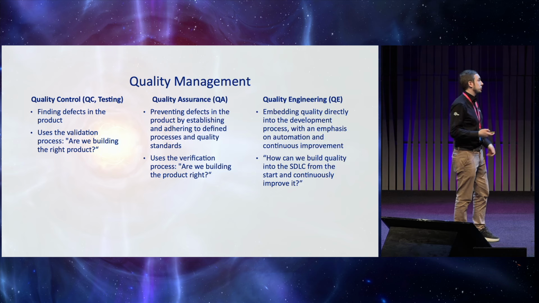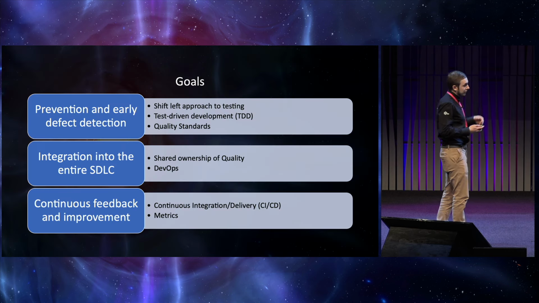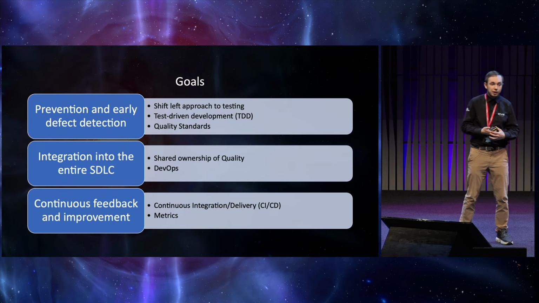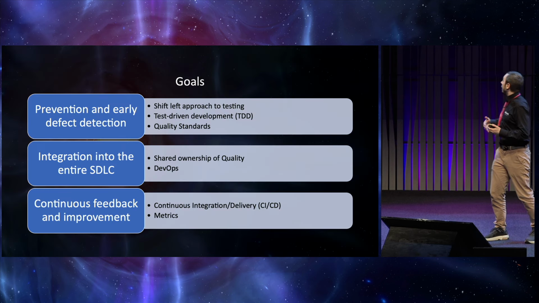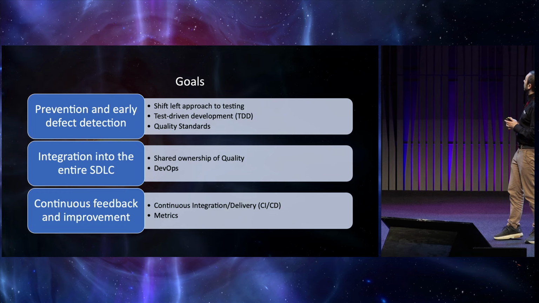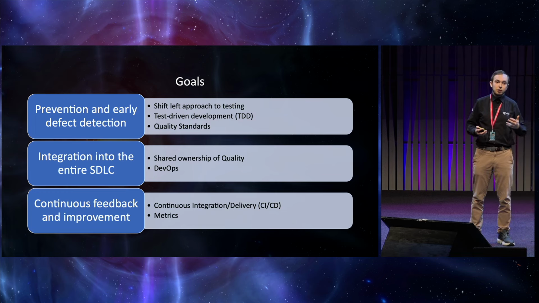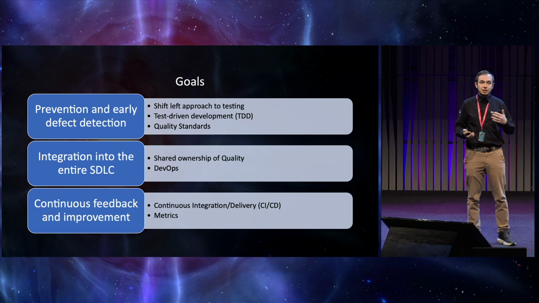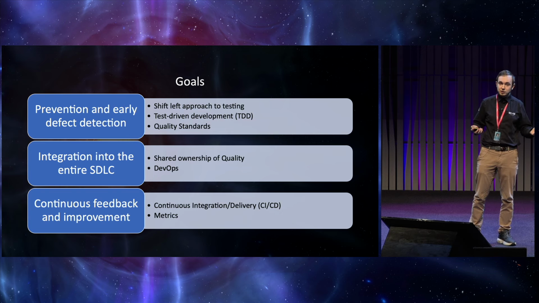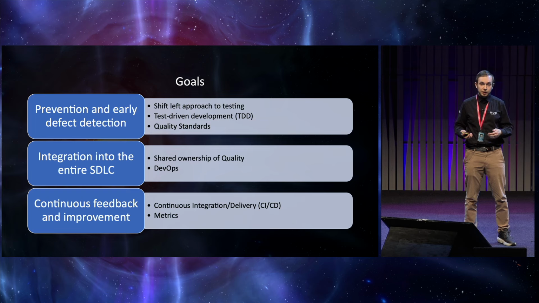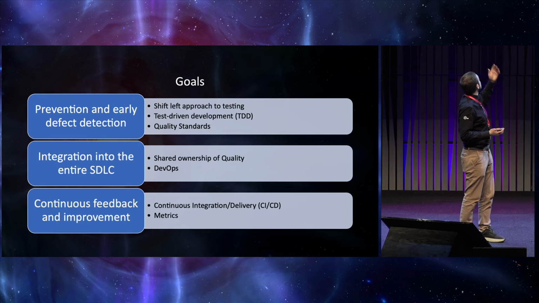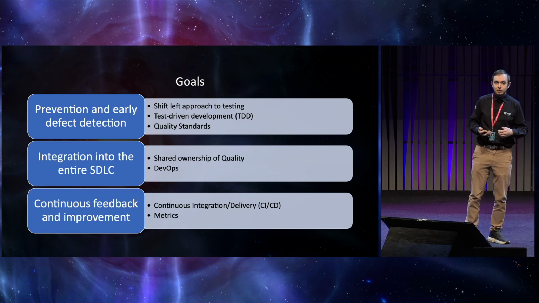To answer this question, we have established a set of goals that we want to achieve with quality engineering at CCP. Our first goal is prevention and early defect detection. This is very important because the earlier a defect is found, the easier and less expensive it is to fix it. In order to achieve that, at CCP, we apply a shift-left approach to testing.